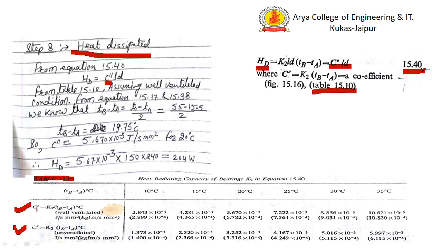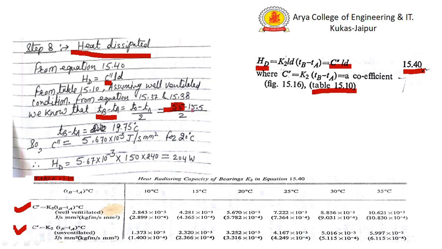For calculating C double dash, first calculate TB minus TA. TB is the bearing temperature and TA is the ambient temperature, 15 degrees centigrade. We know that TB minus TA is (TO minus TA) by 2, where TO is the operating temperature, 55 degrees centigrade, and TA is 15 or 15.1 degrees centigrade.